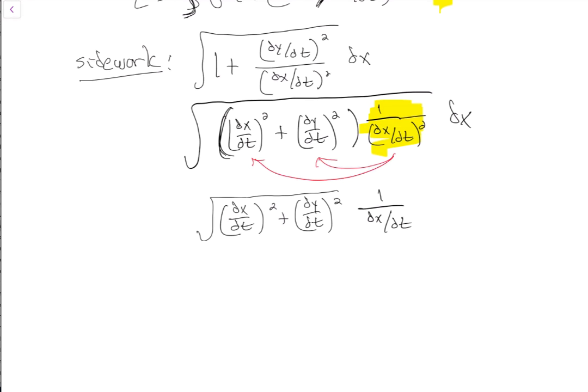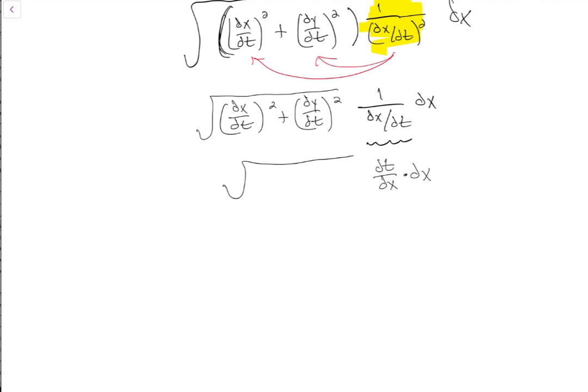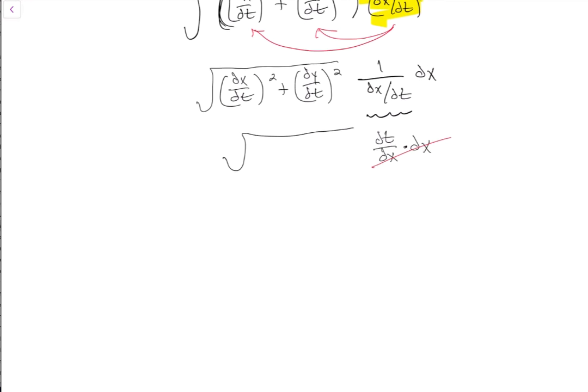So the radical undoes the square that we have there. And then I'm going to flip and multiply, because I have a compound fraction here. So I'm going to flip and multiply this as dt over dx times the dx that we have there. And we have that radical. We know what goes under that radical. And then we can see the dx's cancel here, and I end up with just a dt.